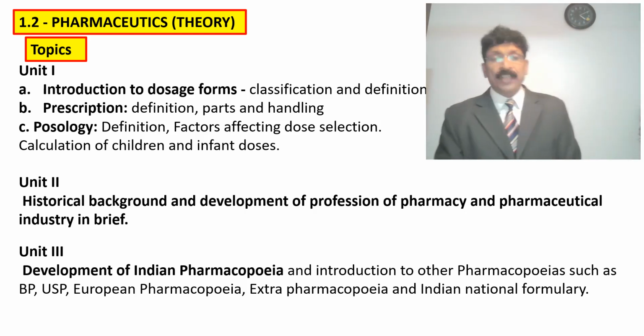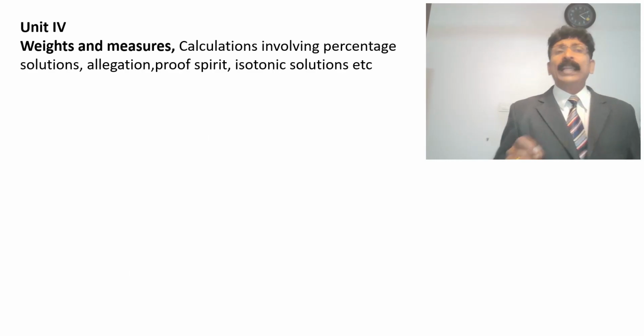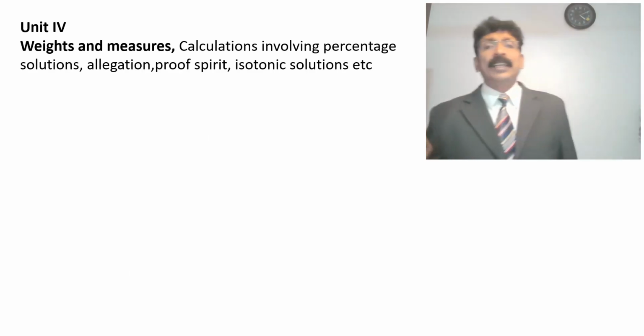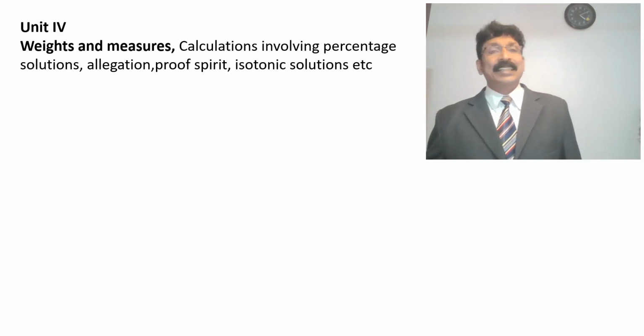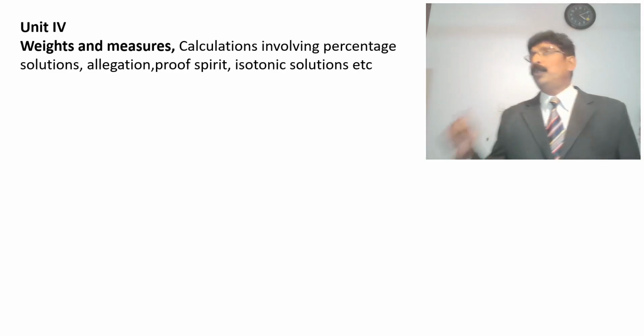These all will be discussed in unit 3. And unit 4, weights and measures, calculations involving percentage of solutions, allegations, proof spirit, isotonic solutions, etc. will be discussed in unit 4.